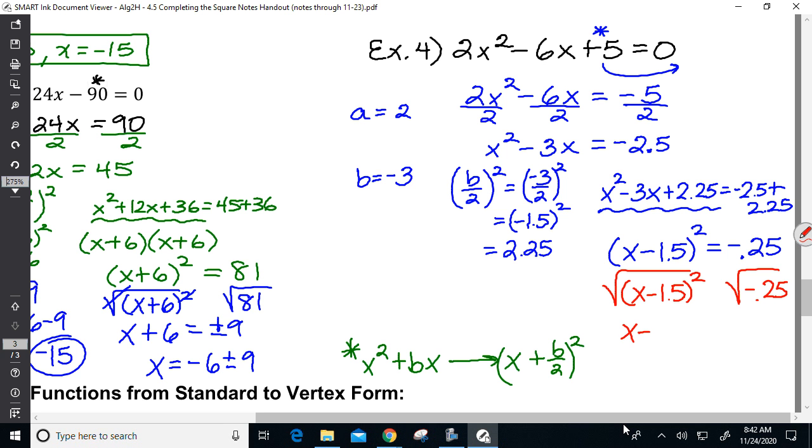That's x minus 1.5 equals plus or minus. If you take the square root of negative 0.25, you get plus or minus 0.5 i, or you can just put 0.5 i.